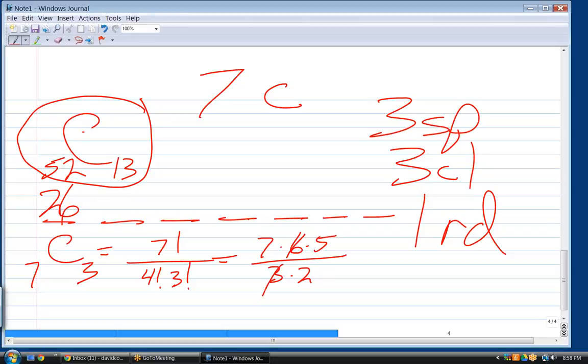So that is 210 over 6, 35. So there's 35 ways to put a spade on our 7 cards. And there's this many ways to choose a spade.